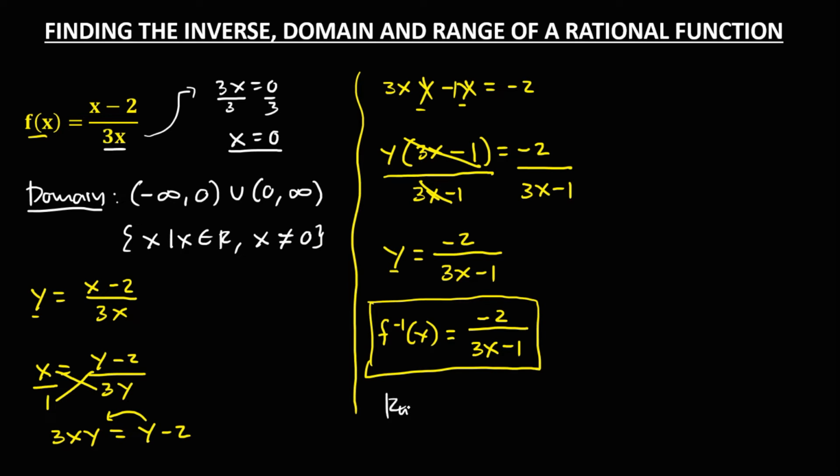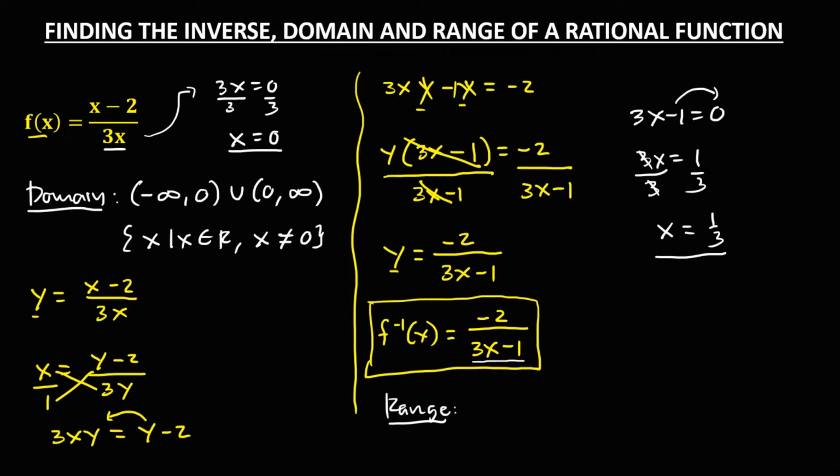Then to find the range of this function, first we need to equate this denominator to 0. So we have 3x minus 1 equals 0, and to solve for x, transpose that negative 1. So that becomes positive 1, then divide both sides by 3. So therefore x is equal to positive 1 over 3.